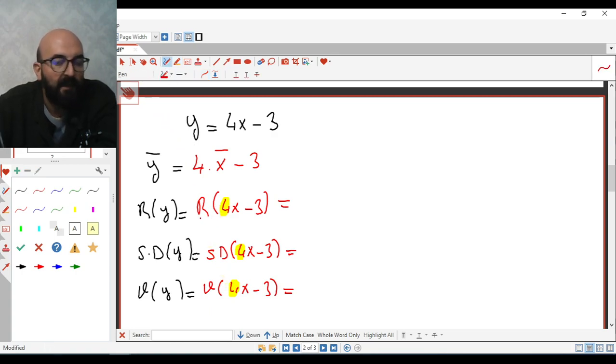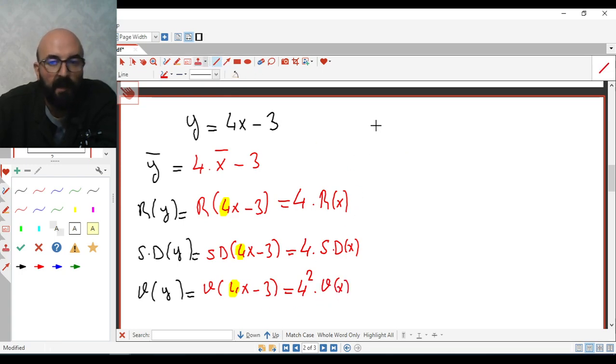The range of 4x minus 3 means 4 multiplied by the range of x, only the factor 4 affects it. The standard deviation is 4 multiplied by the standard deviation of x, and the variance is 4 squared multiplied by the variance of x. Okay, and I want to give one more example.